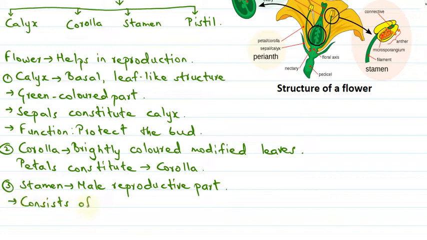It consists of an anther that contains pollen grains, and a filament.